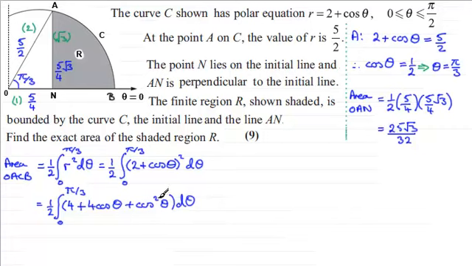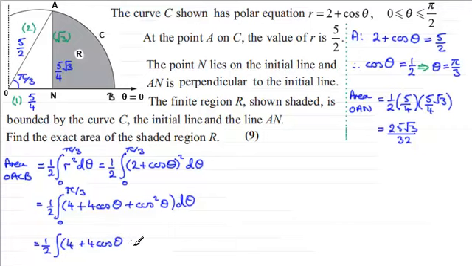Okay, now to integrate cos squared theta, I've got to call upon the double angle formula for the cosine of 2 theta. Remember, the cosine of 2 theta is the same as 2 cos squared theta minus 1. And if I rearrange that for cos squared theta, then what we're going to get should be familiar.